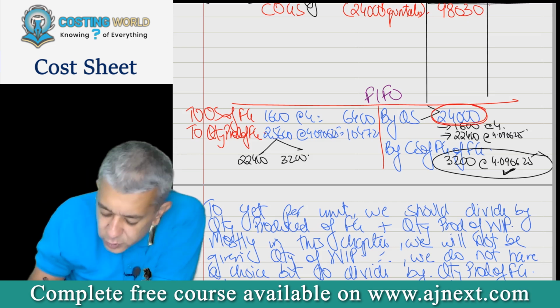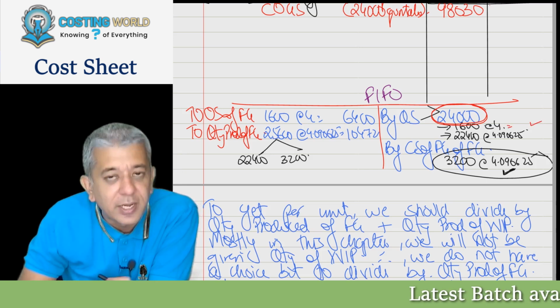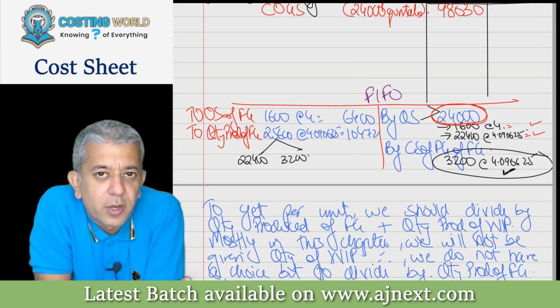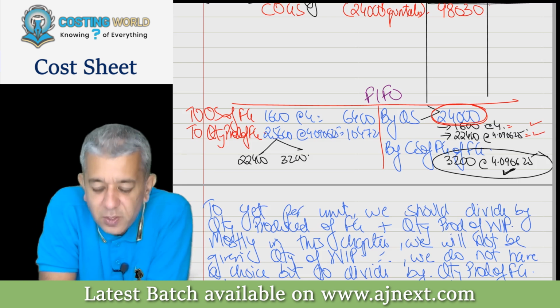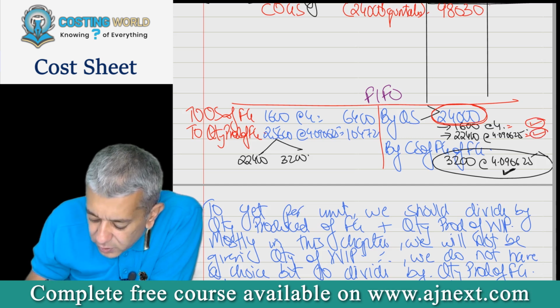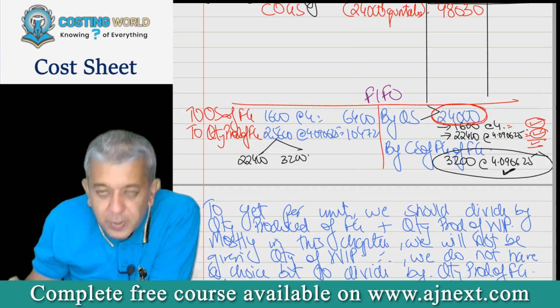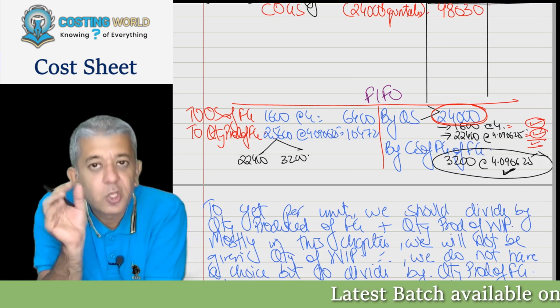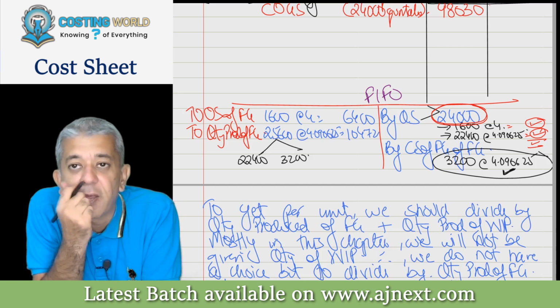But what you have sold is 1,600 units at the rate of 4. What you have sold is 22,400 units at the rate of 4.090625. So in case you find out this figure, you total it up. This particular figure in this particular case will be nothing but your 98030. Just try on your calci, please.